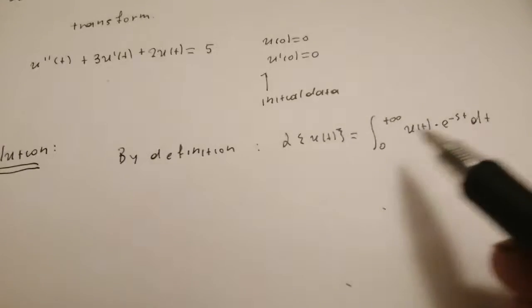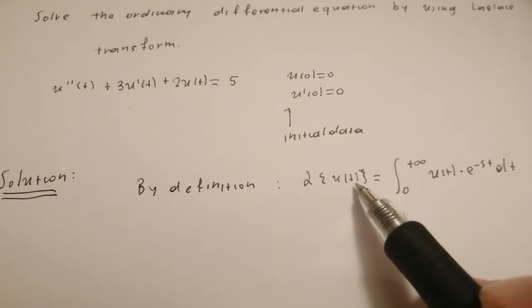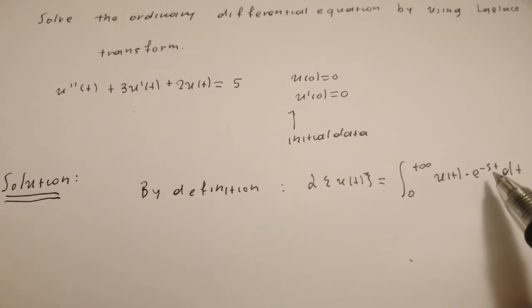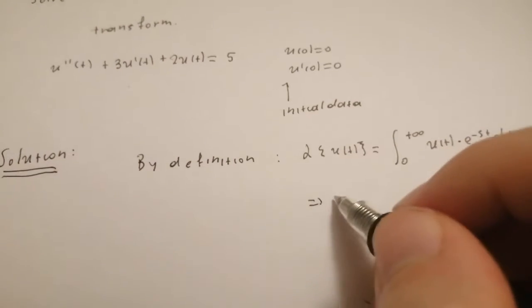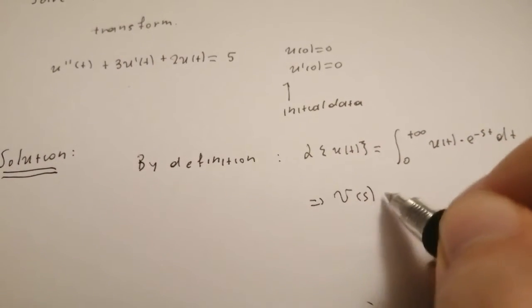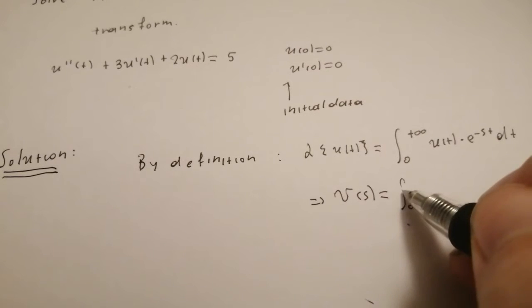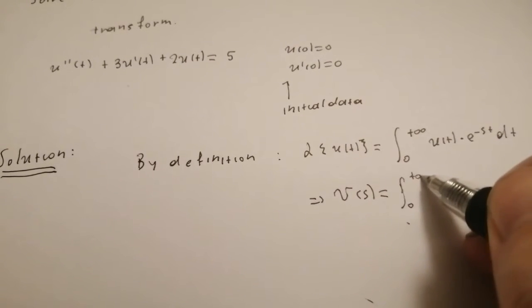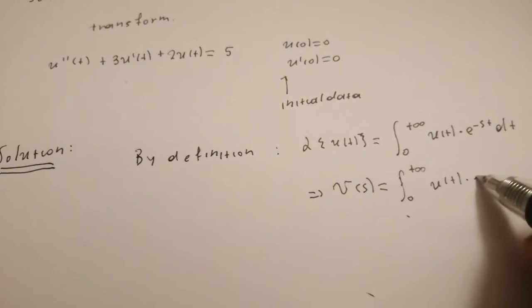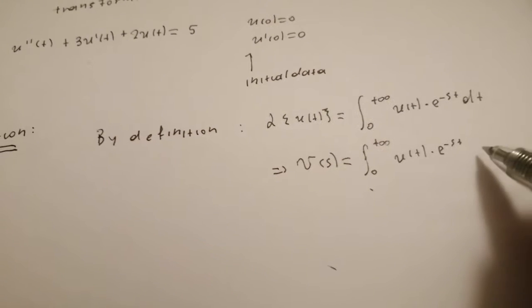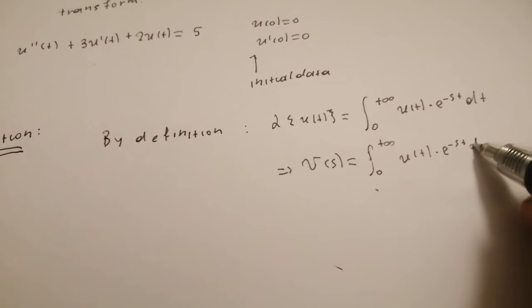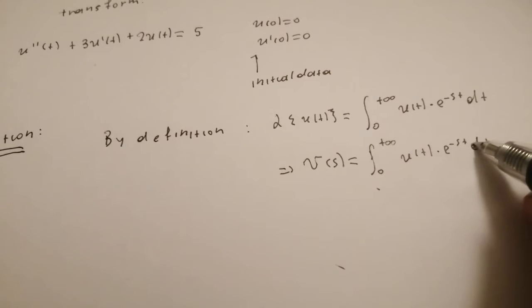So from my t domain I go to the s domain. This is denoted as capital U of s, equal to the integral from 0 to infinity of u of t times e to the minus s t dt.